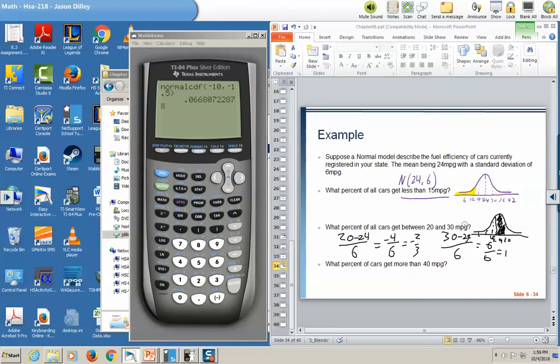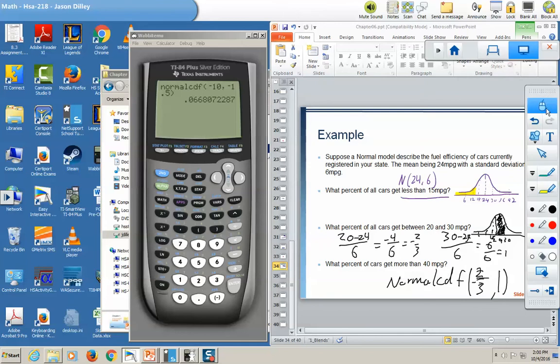Now I need to go to my NormalCDF command and give it a lower bound of -2/3 and an upper bound of 1. So I'm telling the calculator, start counting at -2/3, and then count the area under the curve until you get to 1.